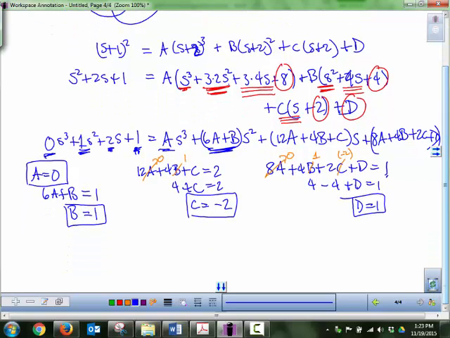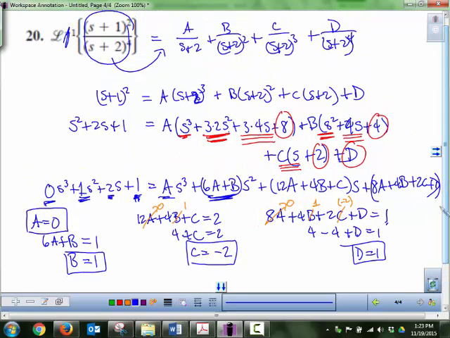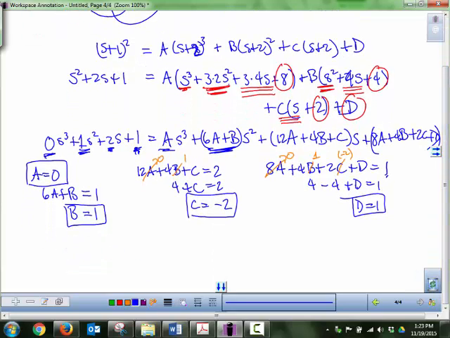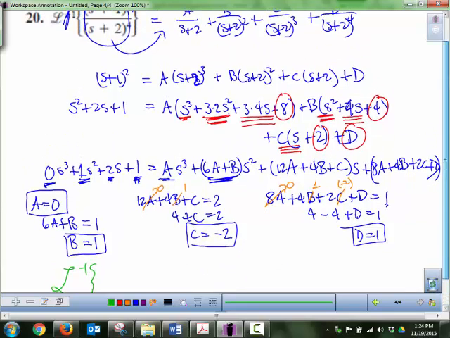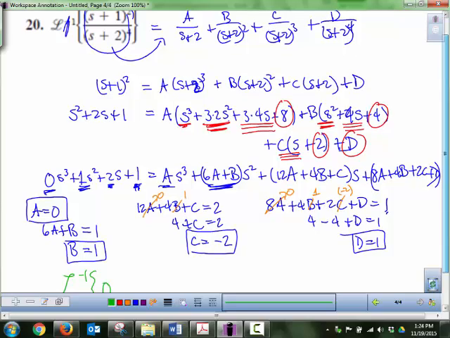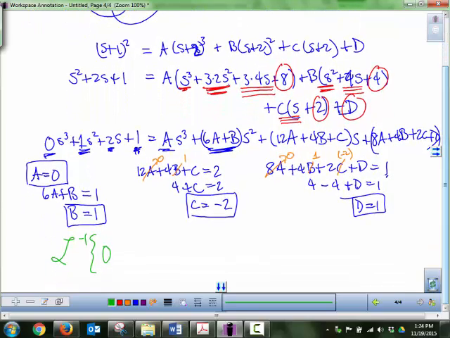All right, now that we've done that, we're really looking for the inverse Laplace transform of A, well, 0, let's just ignore that, plus B over (s plus 2) squared.